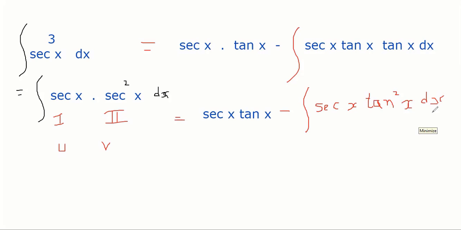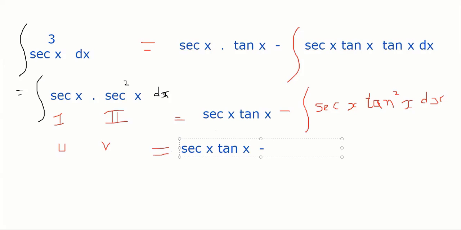What are we going to do with this? Correct. So we'll write tan square x again as secant square x minus 1. You are right. So let me write the whole problem. This is secant x tan x, and I am going to tell you something very interesting after that.